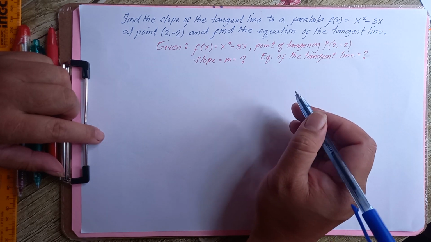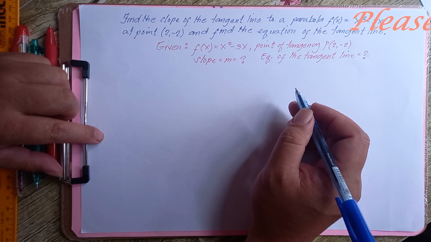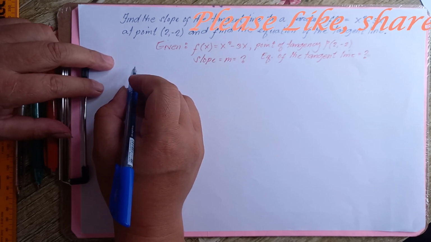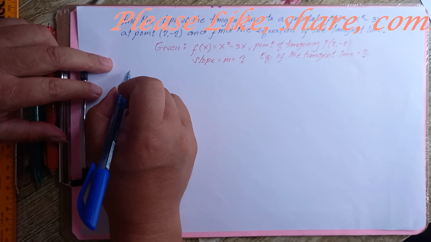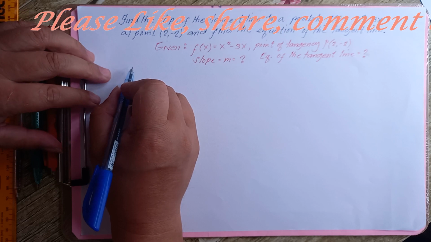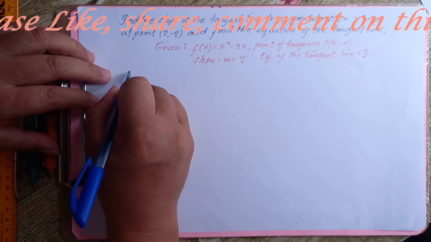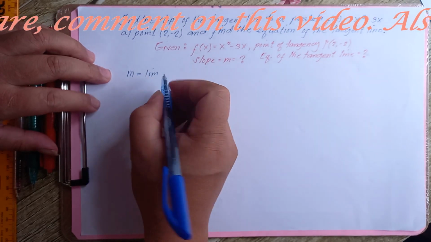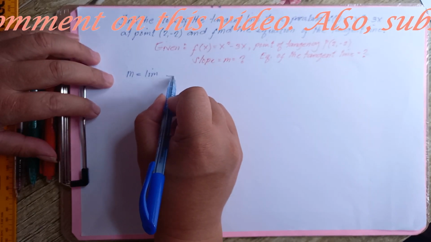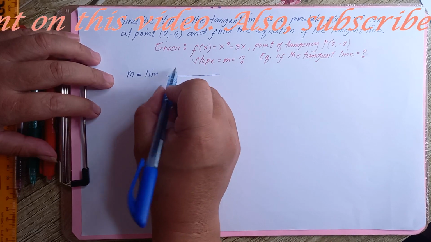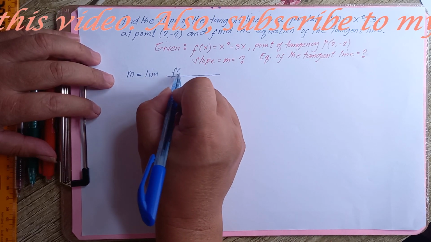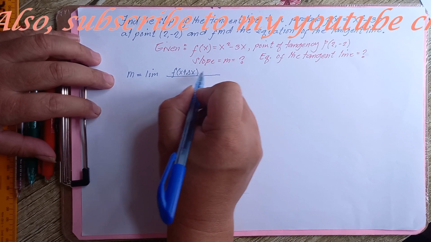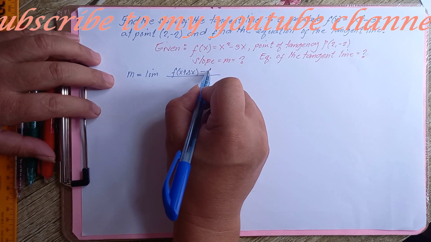Now, so that when we are going to get the slope of the tangent line, we have to work on our working equation for the derivative or for the slope, that is our m, which is the same as the limit of f of x plus change of x minus f of x.